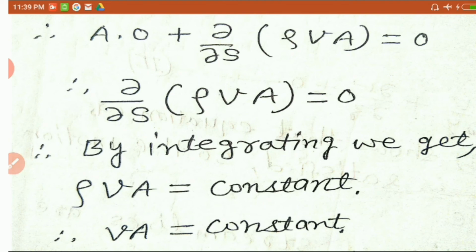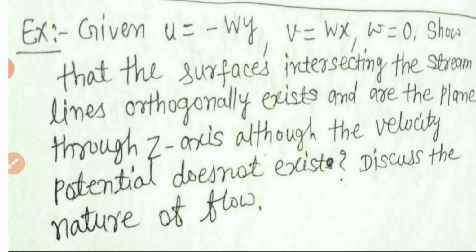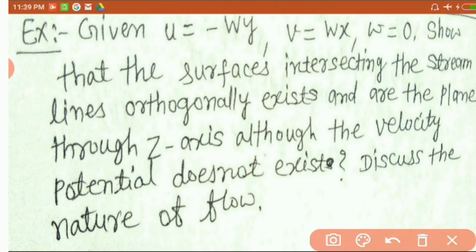Now another problem is u is equal to minus wy, v is equal to wx, and w is equal to 0, so that the surfaces intersecting the streamlines orthogonally exist and are the planes through the z axis, while the velocity potential does not exist.